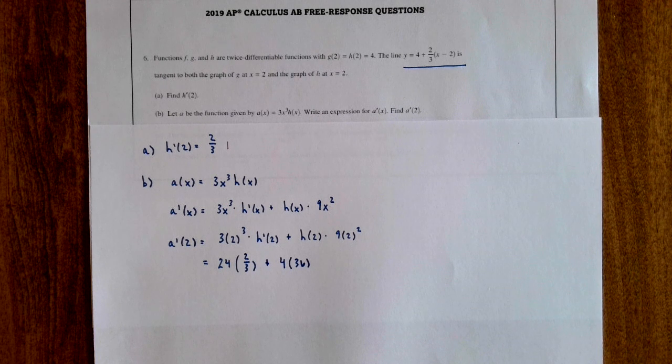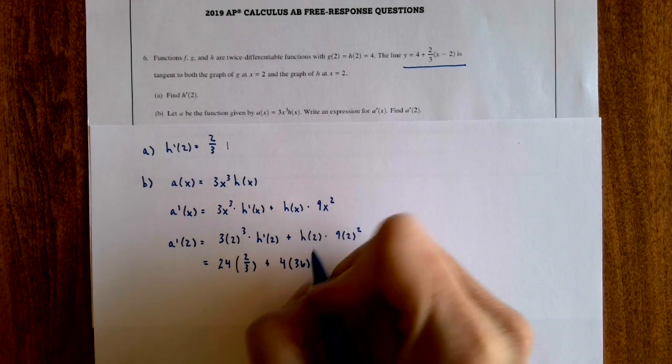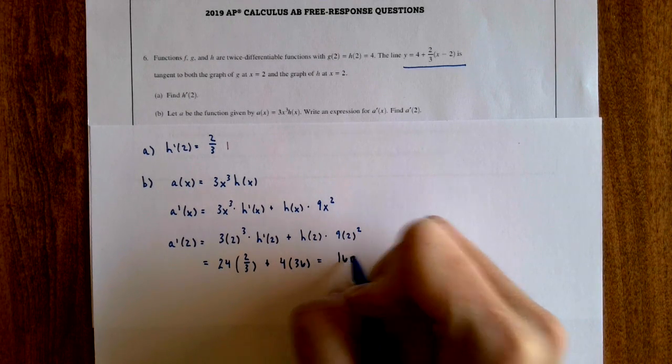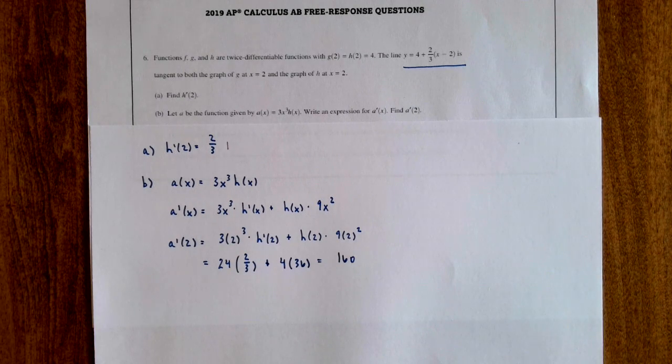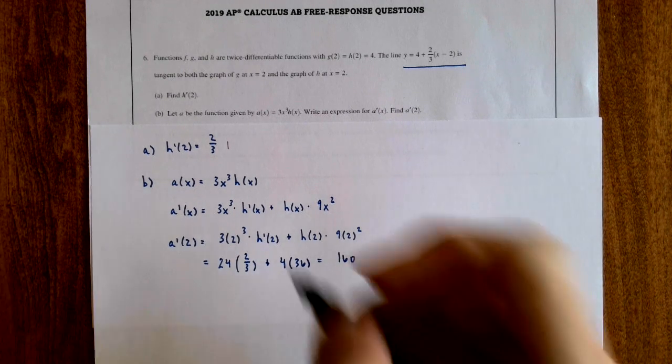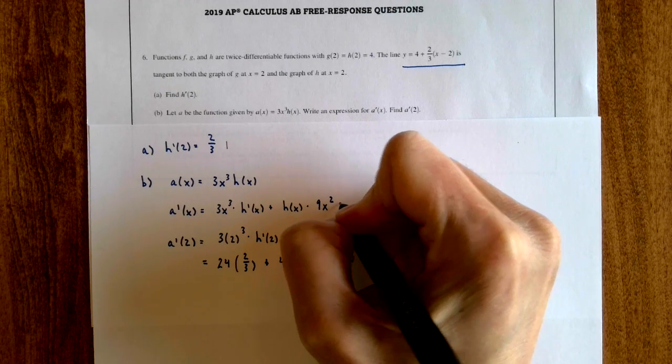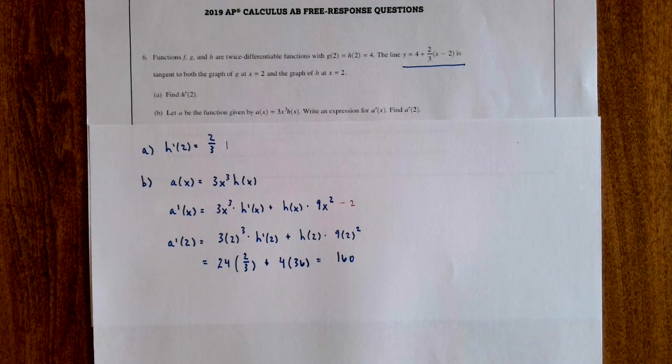So let me do that quickly. Okay, and I got 160 there for A prime of 2. For this one, they gave you 2 points for just the expression for the derivative, so knowing to use your product rule, and then 1 point for getting that answer of 160.